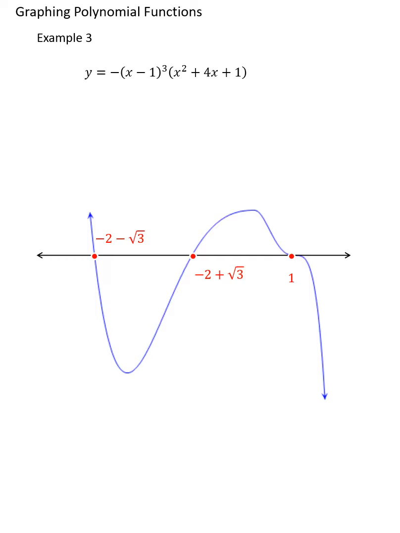I'm going to put it between 1 and -2 plus radical 3. As we discussed earlier, -2 plus radical 3, even without a calculator, I know has to be -0 point something. And therefore the y-axis would have to be between those intercepts. And there's my graph. And that completes our third example.